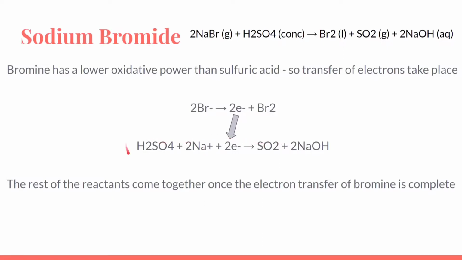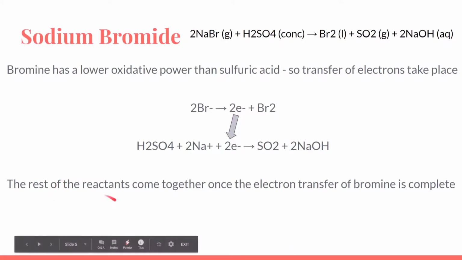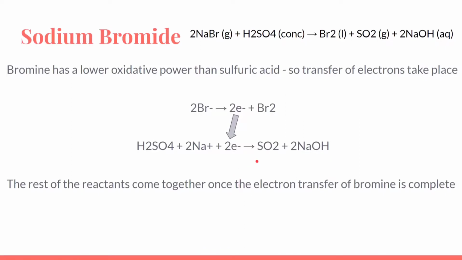So you can see that sulfuric acid plus the sodium ions plus the 2 electrons released from the bromide ions creates sulfur dioxide and sodium hydroxide. And this equation is purely formed from the rest of the reactants coming together once we have formed our electron transfer of bromide ions to bromine.